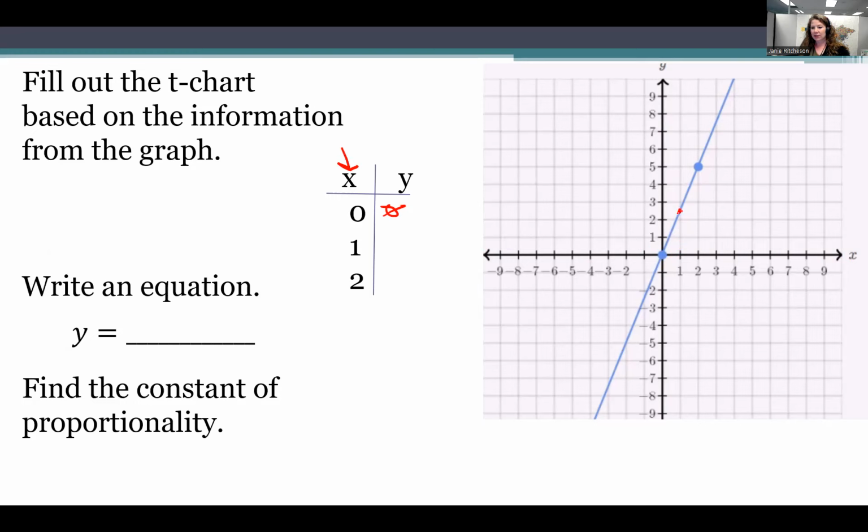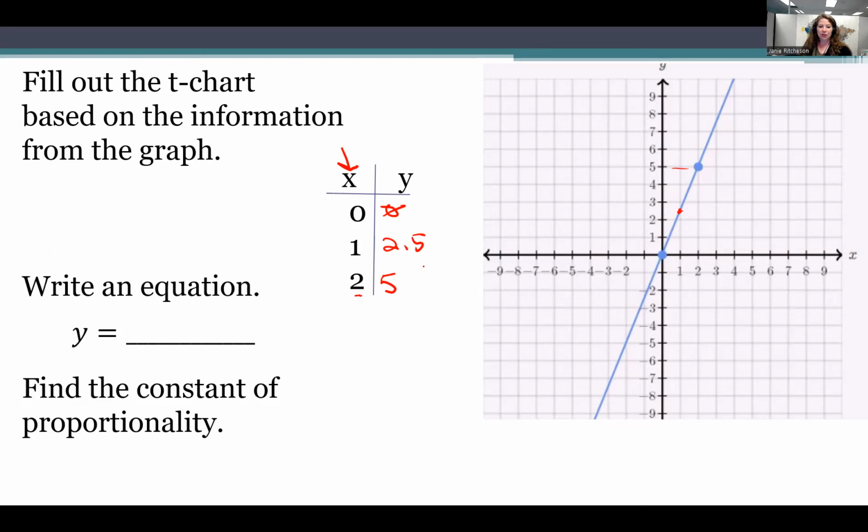It looks about 2.5, but let's check the next one just in case. So if X is 2, Y is definitely 5, correct? So it looked like 2.5. If I divide 5 by 2, I do get 2.5. So when X is 1, Y is 2.5.